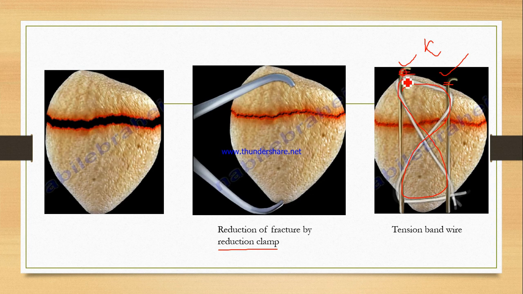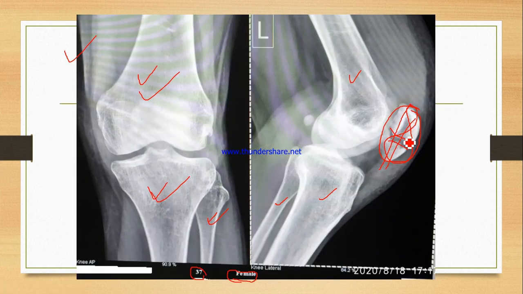Here you have to insert the K wires, and then the figure 8 tension band wire is to be applied. What I was telling is, first, using the reduction clamp, the fracture should be reduced. Then you have to apply the K wires, then the figure 8 tension band wire is to be applied for the compression.